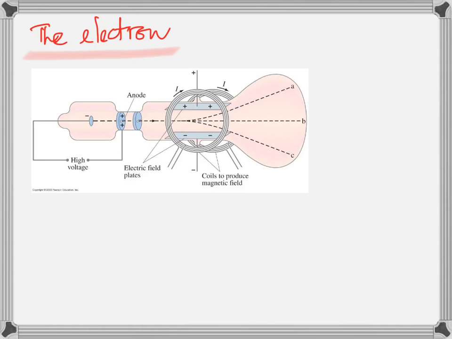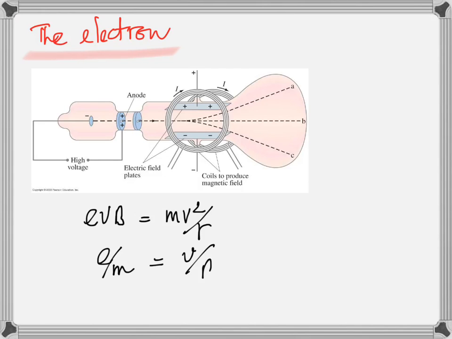The electron was discovered by J.J. Thomson, and this is the apparatus that was used to find the specific charge of the electron. And in this case, the maximum force EVB is the centripetal force. Rearranging, you get e by m as velocity divided by BR.